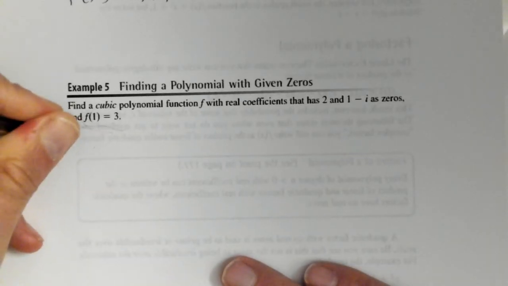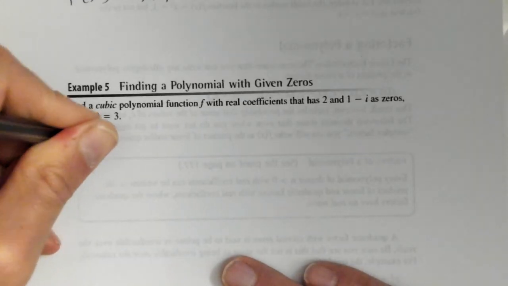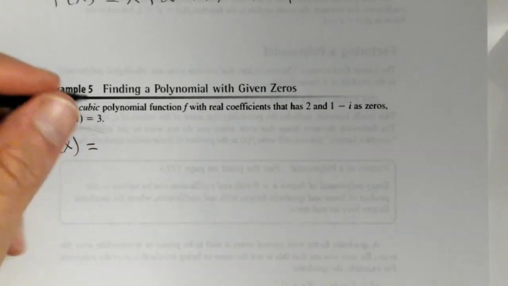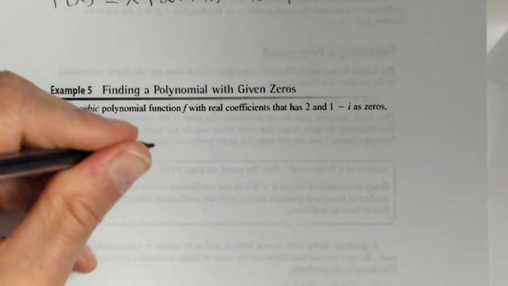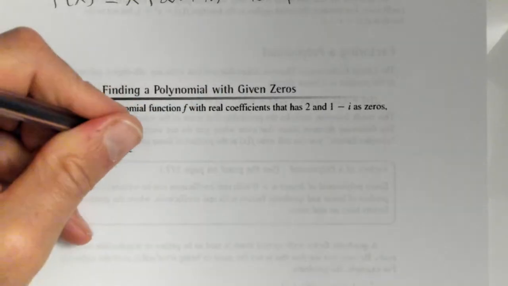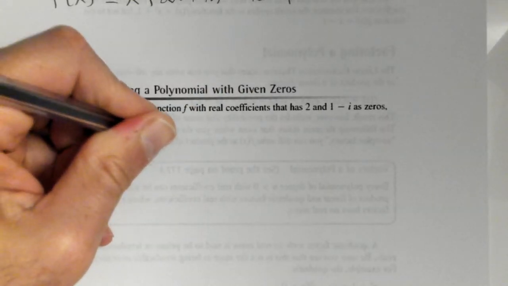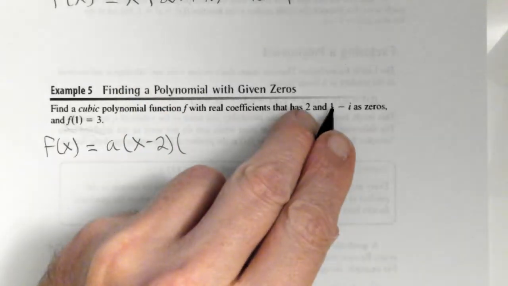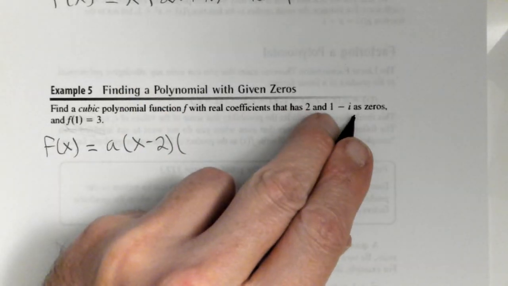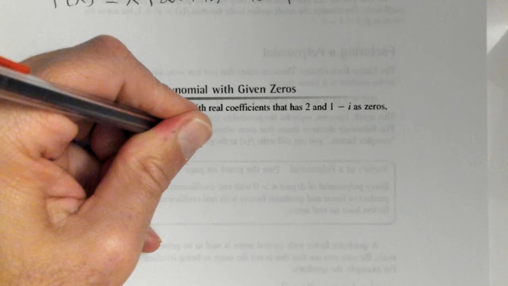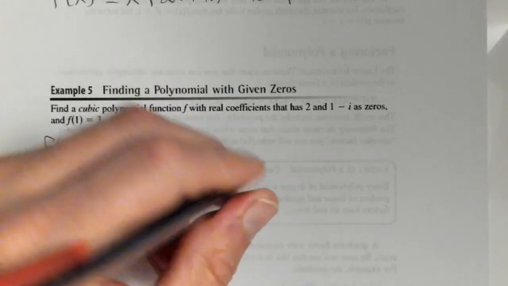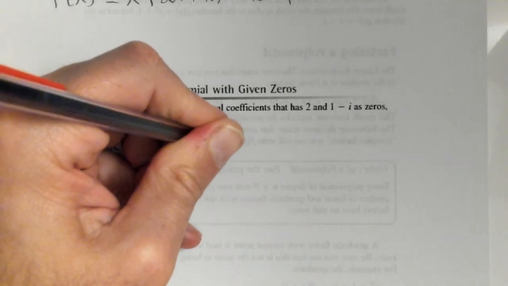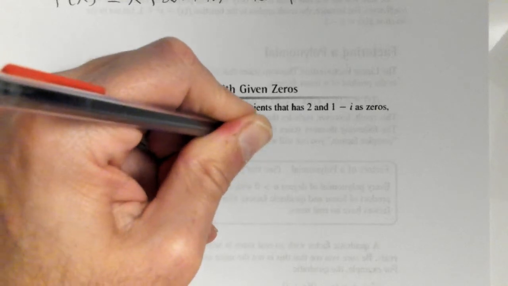But let's start off with f of x equals. Alright, so we've got A, and we'll open. So 2, that would be x minus 2. Close it off. Then I've got 1 minus i as a 0, so if I wanted to write that 0 as a factor, it would be x minus open 1 minus i.